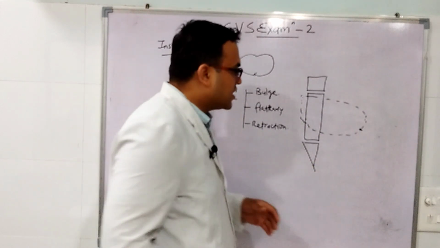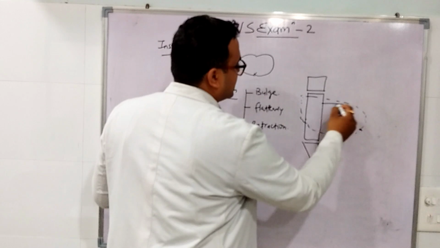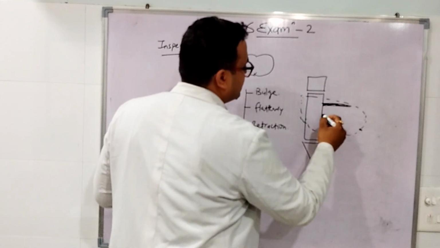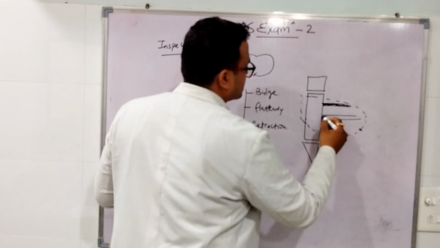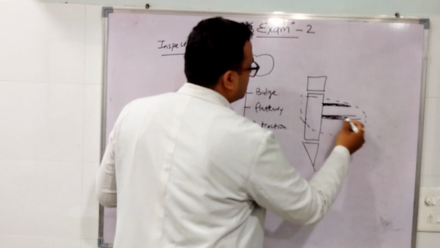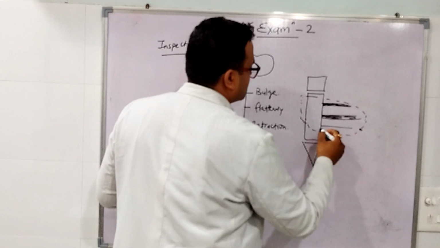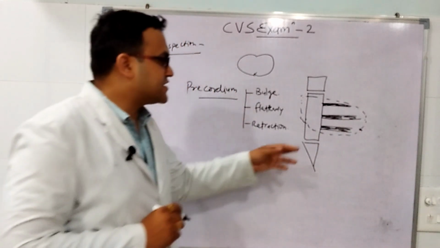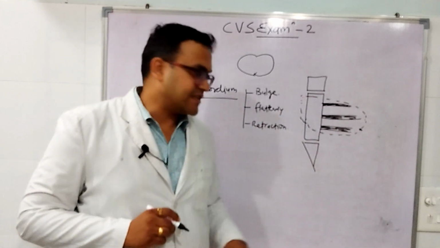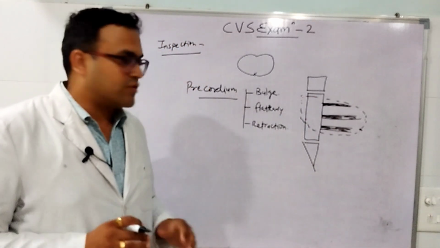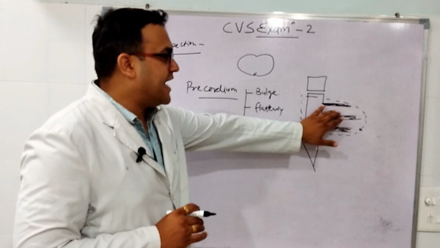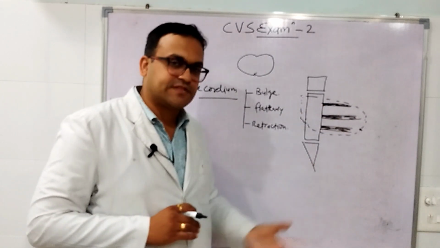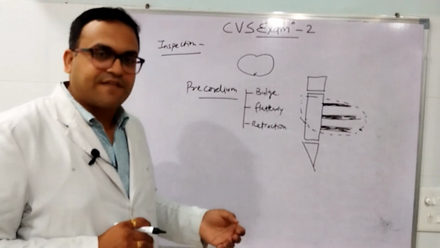Suppose this is the part of the precordium, there are certain ribs present in this area, and in between these ribs are the intercostal spaces. So if there is bulging only of the intercostal spaces and not the ribs, that signifies pericardial effusion.